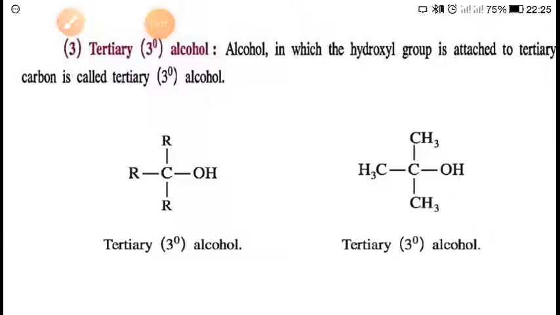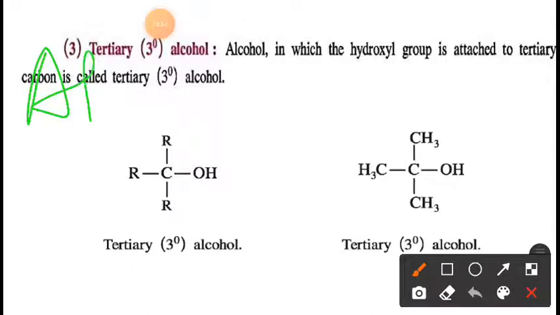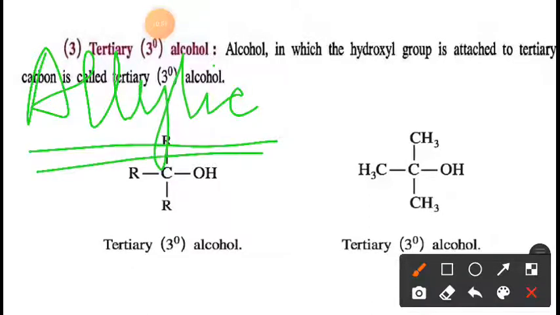Okay. Now next is one more classification. We can tell like this: the classification based on allylic alcohol. Okay. So what is this allylic alcohol? I will tell you. In this alcohol, the hydroxyl group is attached to sp3 hybridized carbon. Okay. I hope you know what is hybridization, right?